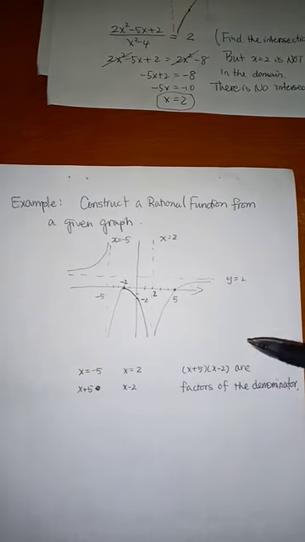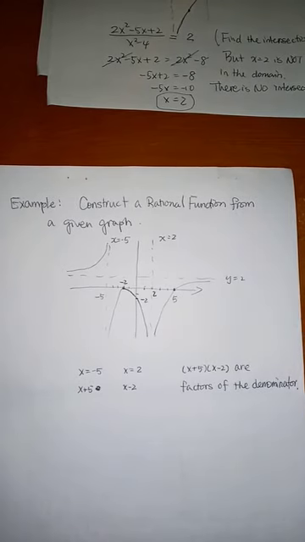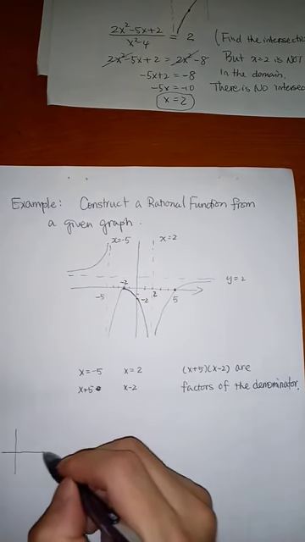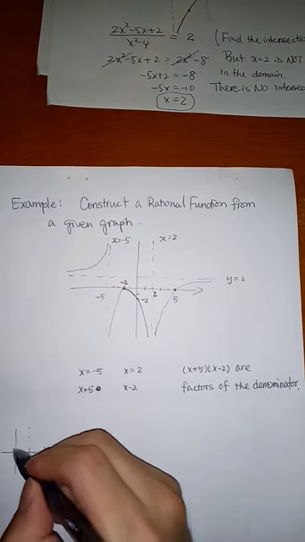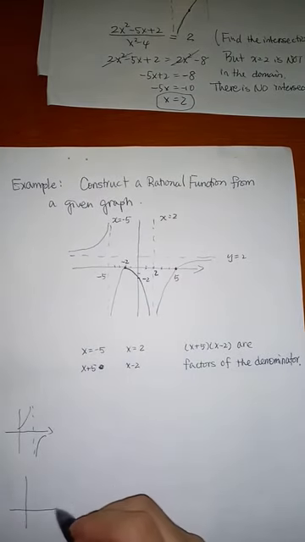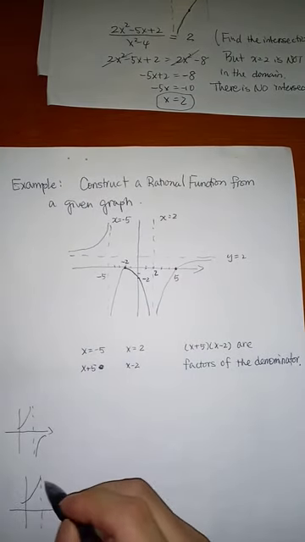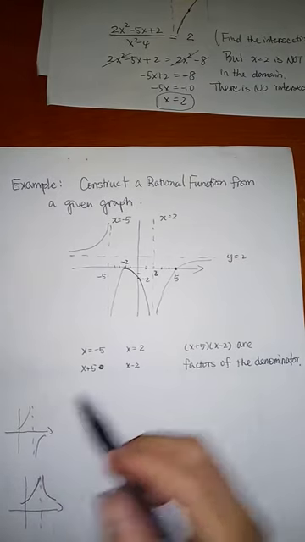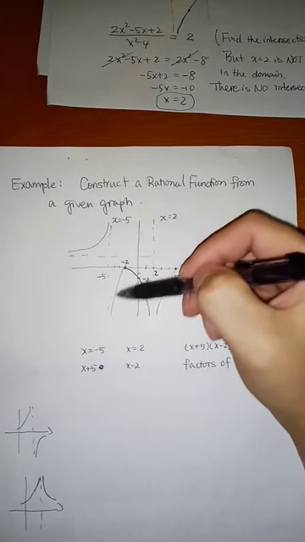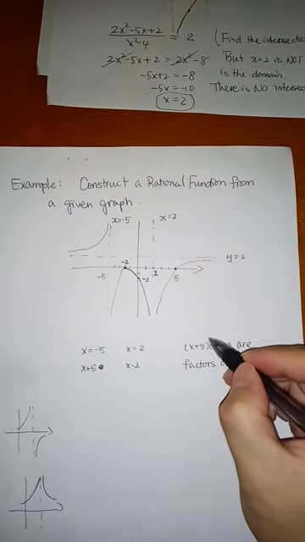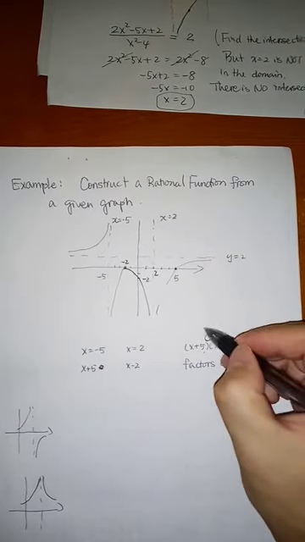And another interesting property, when we discuss the vertical asymptote, we mentioned that there are two possibilities. One possibility is like this way. The other possibility is like this way. They either approach the same infinity or they approach a different infinity. For this one, it approaches a different infinity. One side approaches positive infinity, the other side approaches negative infinity. It implies the power of the corresponding factor is odd.